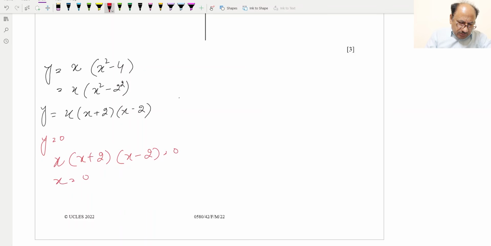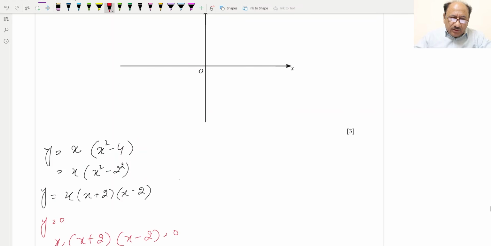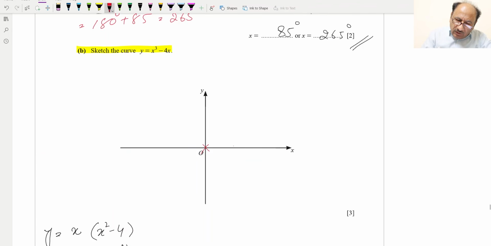This implies x is equal to 0, x is equal to minus 2 and x is equal to 2. So these will be the three solutions which we got, and we need to identify x is equal to 0 will be this point, x is equal to 2 and minus 2. Roughly I'm taking this one as 2 and minus 2 like this over here.